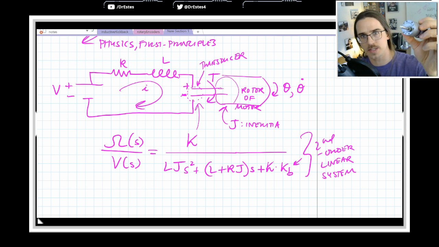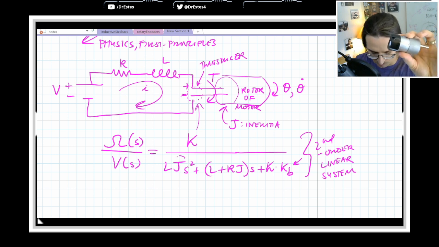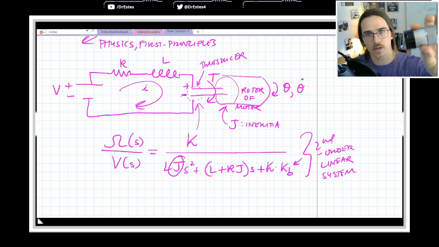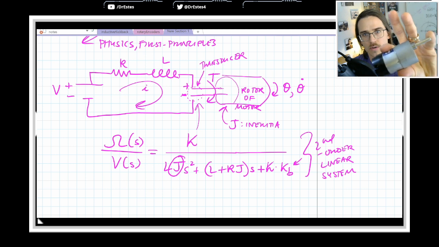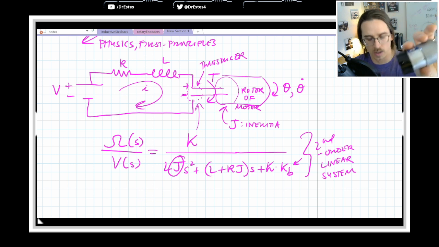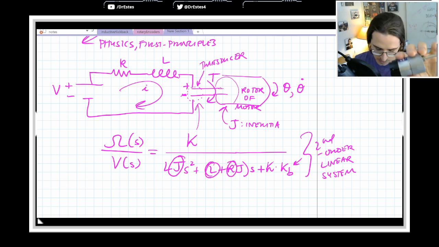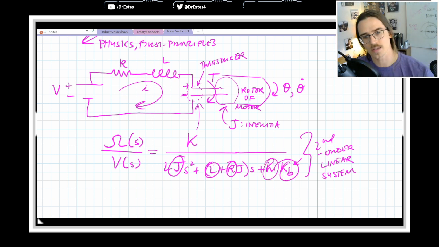Theta dot will go to some steady state value. I would need to find the inertia of the rotor in here. Well, the rotor's sticking out over here, but it's embedded in the motor. I'd have to get the resistance, the inductance. I'd have to get these torque constants.